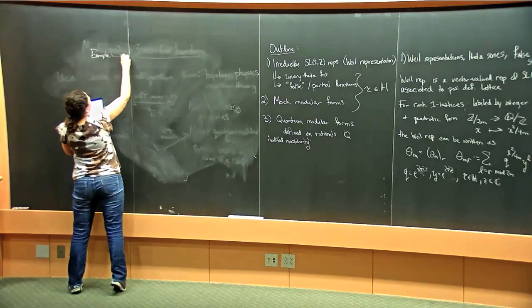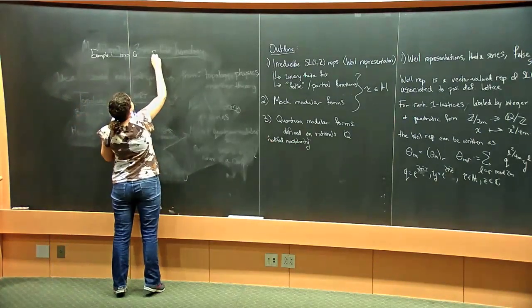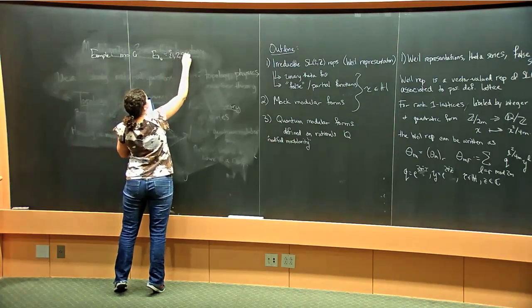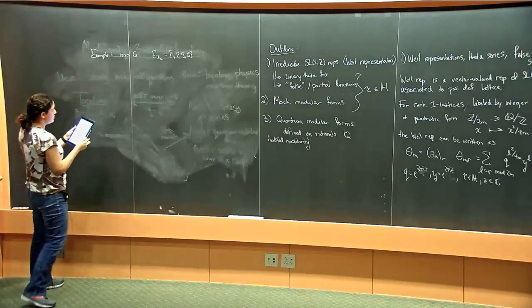So an example is m equals 6. The exact divisors are just 1, 2, 3, and 6. And there are two subgroups which lead to irreducible representations.